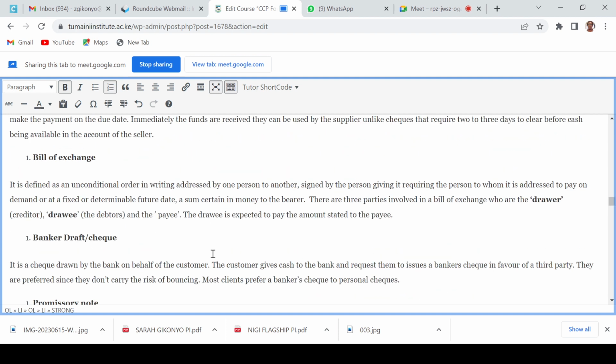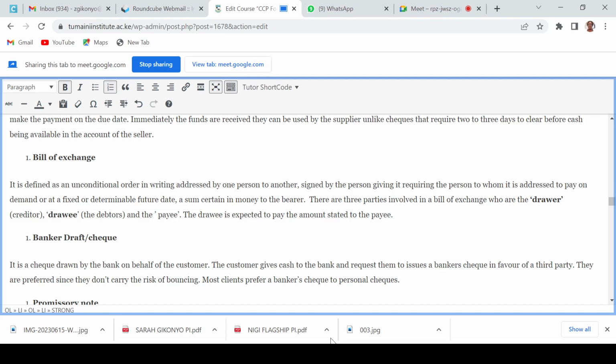Bills of exchange. These ones ni za kitambo, lakini watu tunaziongelelea tu, but rarely will you see a question coming from this. This one, it is usually an order which is written. Somebody writes on a piece of paper and it gives that person, telling them, take it to another person, mwambie ni siku fulani ya kulipa hizi pesa.